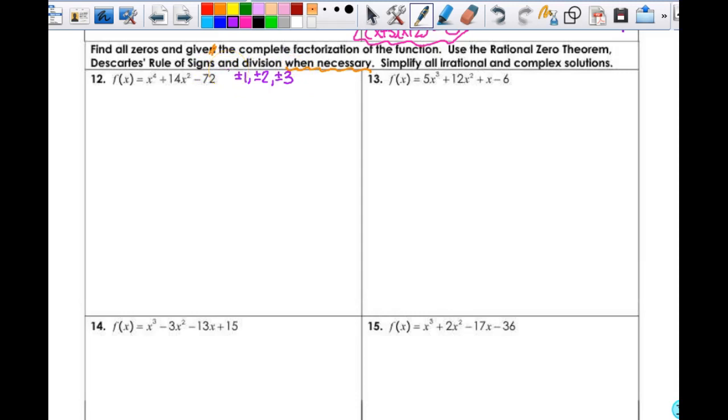So that would be a 24 once we get there. Is 72 divisible by 4? Not divisible by 5. It is divisible by 6. Not divisible by 7. It is divisible by 8. It is divisible by 9. So 8 times 9 is 72.